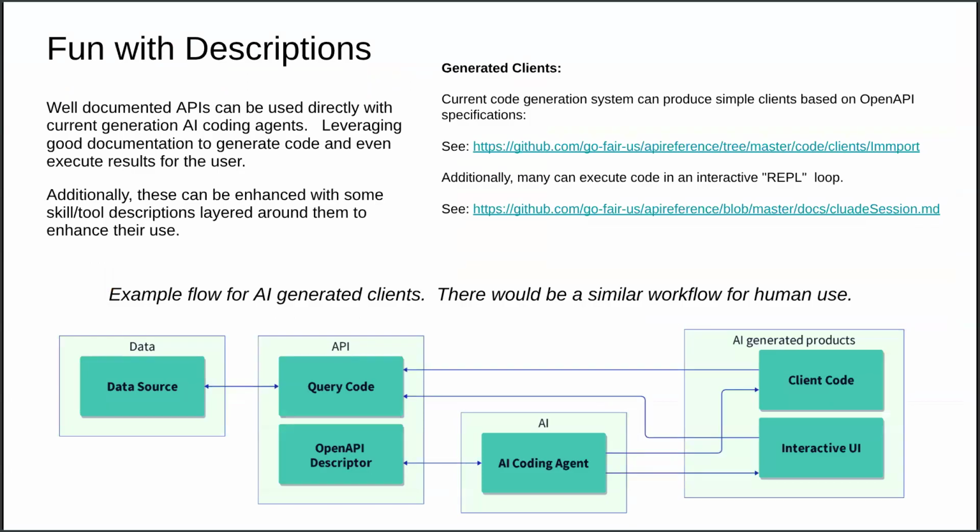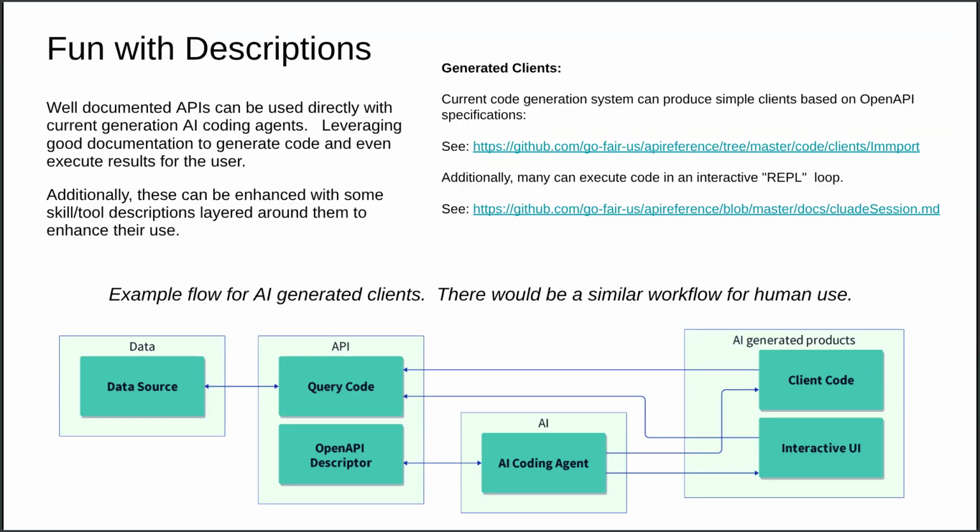One fun thing that you can start to do with those descriptor documents too, if you're interested, is that you can drop them into things like Claude or OpenCode or Pi, these kind of CLI environments. And they do a surprisingly good job of inspecting those documents and not only generating code, but now the newer ones can additionally go ahead and execute some of those things inside a read eval print loop, or the REPL loop.